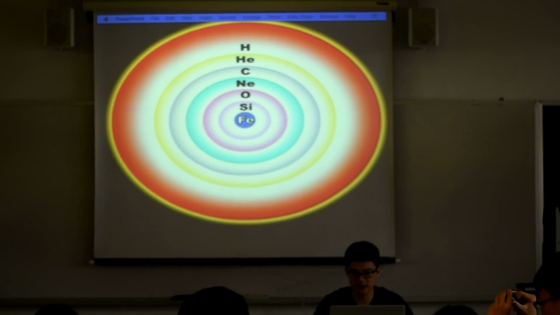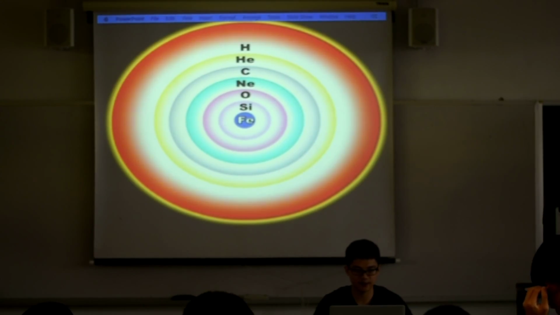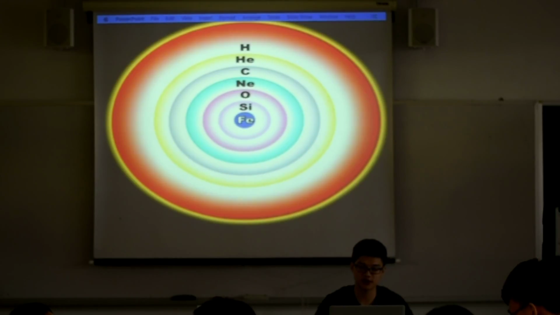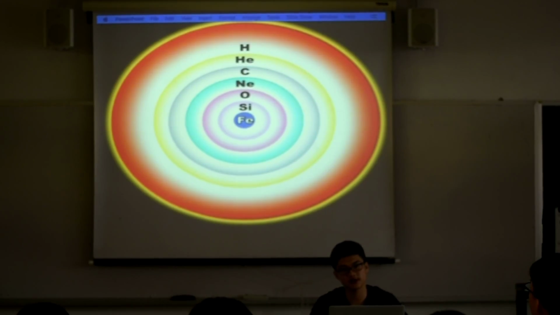So they require absorbing energy instead of releasing energy if you want the element to be fused to higher masses. This process is called nucleosynthesis inside the star, and this produces almost all the elements between helium and iron.